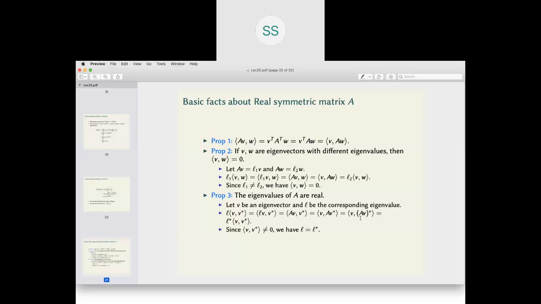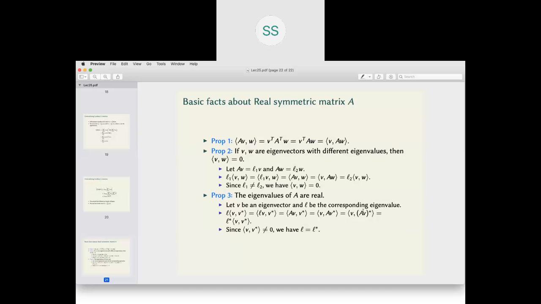AV star is V star A star, but V star A star. So I may need to just think about it. I think there is some issue here, but I don't think it's something that you cannot sort out.